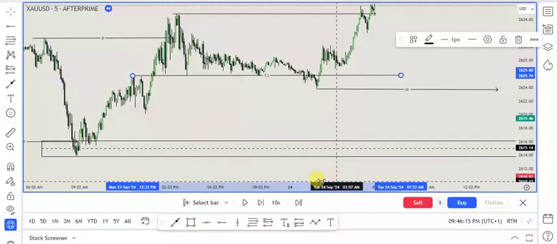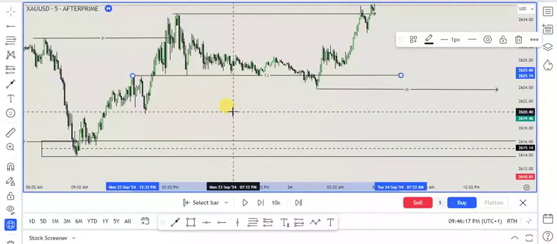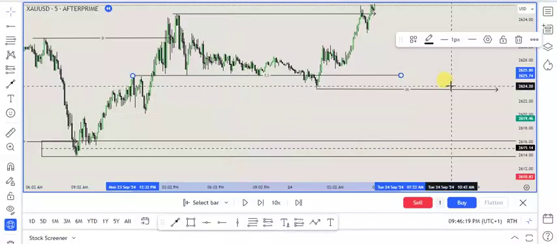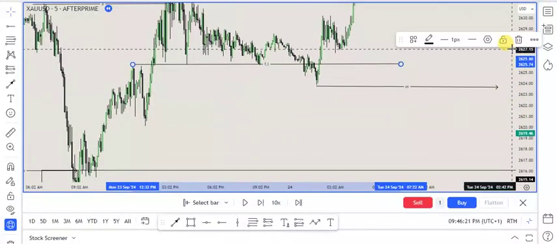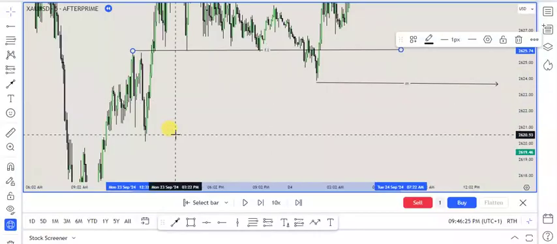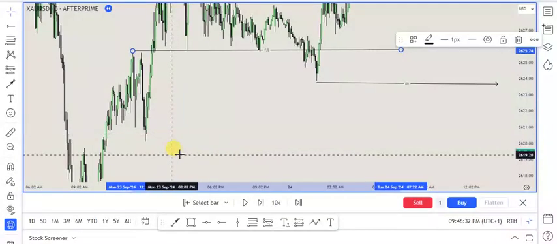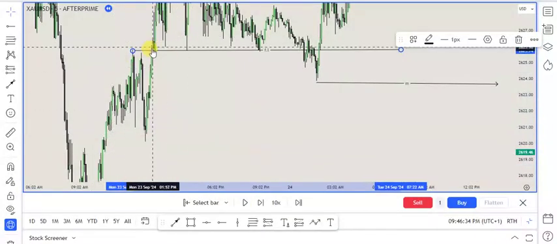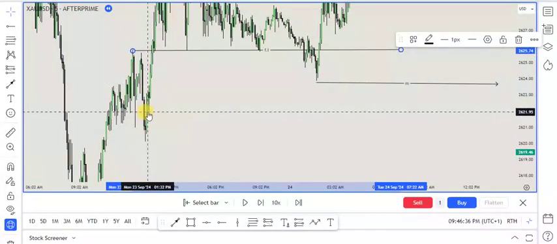Okay, that is that. Now if you look below the flag limit, let's spot our fair value gap. We're going to have a lot of fair value gaps, but we are looking for the last one, not the top one, but the one below.